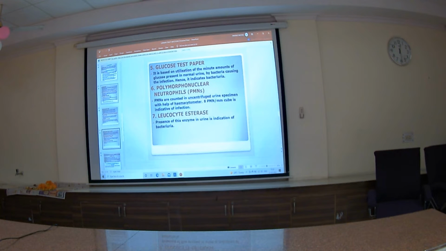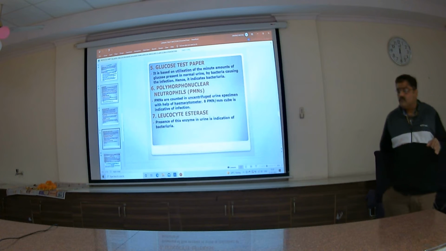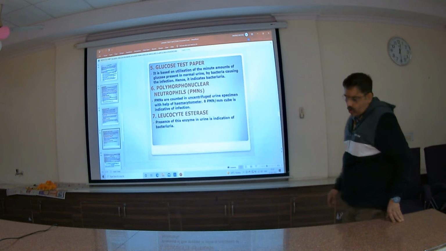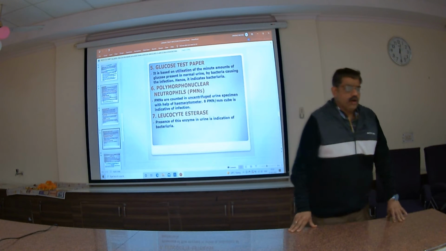This is based on utilization of minute amount of glucose present in normal urine by bacteria causing infection. This is a strong indicator of bacteria.